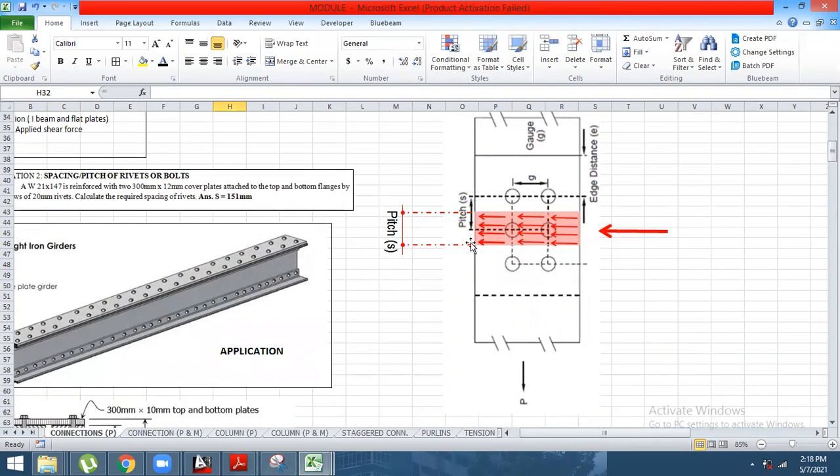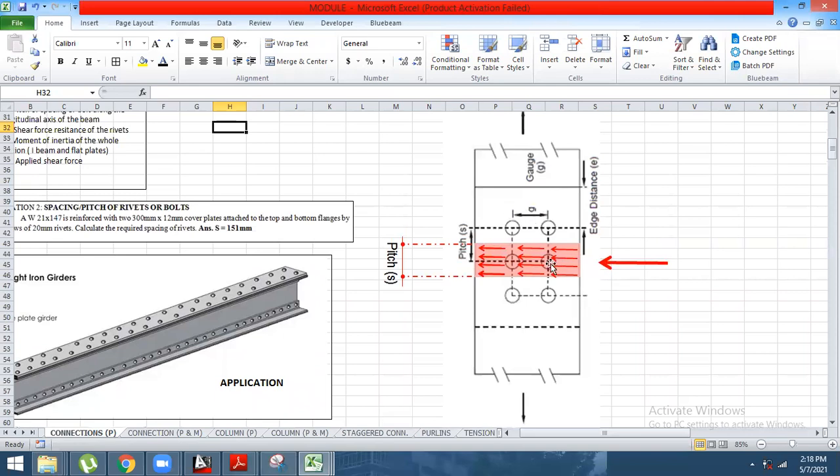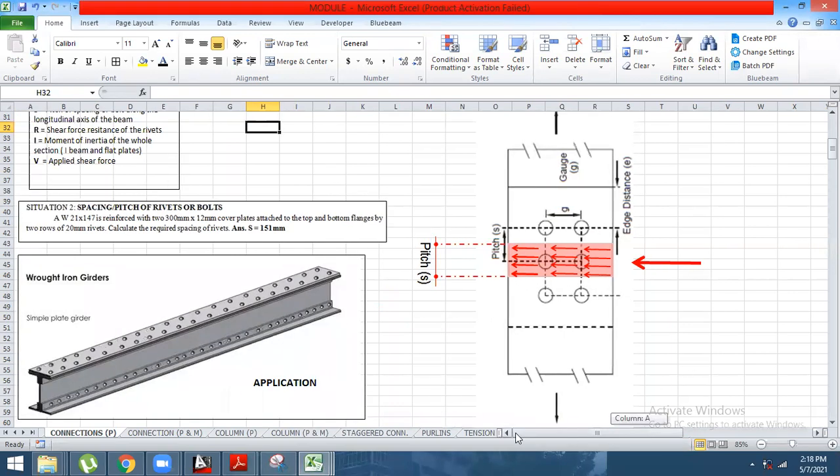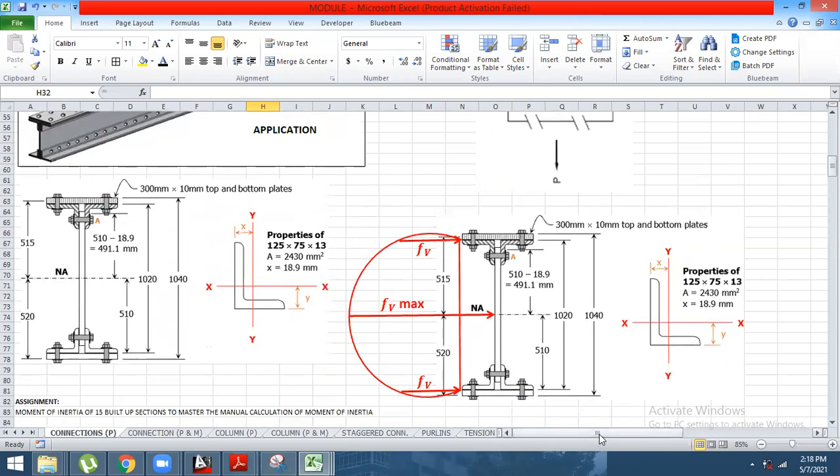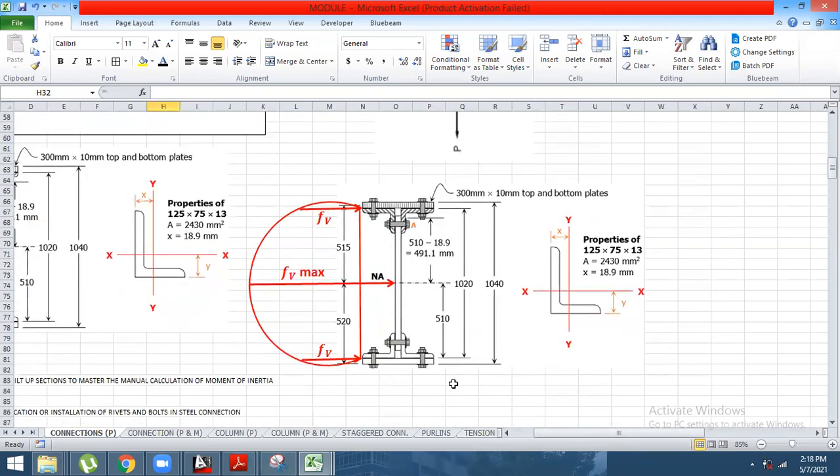So select this one. This is the pitch. I just flipped it. There is a gauge, then there is a pitch. The pitch is also the tributary width for this one. So this is the application, and this is how it is going to happen.